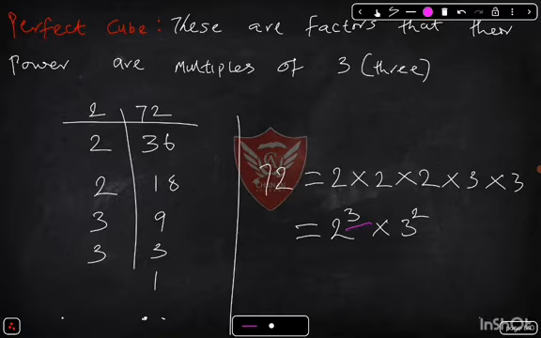And the perfect cube definition is that they are factors that their power are multiples of 3. So 2 raised to the power of 3 is a perfect cube, while 3 raised to the power of 2 is a perfect square, as we have earlier defined. Okay, alright, now let's go to the questions and try to solve them.